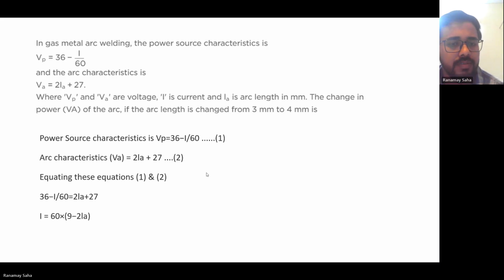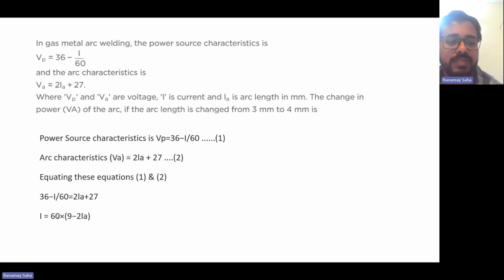The solution, as shown: power source characteristics has been given as Vp equal to 6 minus I by 60, right? And arc characteristics has been given in terms of arc length as twice La plus 27 equal to Va, the arc voltage. Just equate these two, and you can find the current I in terms of La.